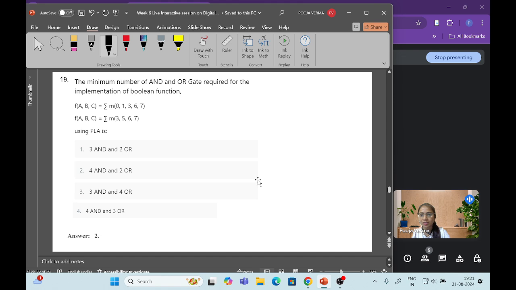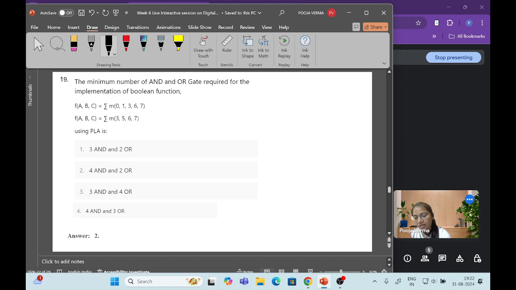The next question is the minimum number of AND OR gates required for the implementation of Boolean function. So here two Boolean functions are given, in which min terms are given. We need to first implement the PLA and check how many AND OR gates are required for this Boolean function implementation.